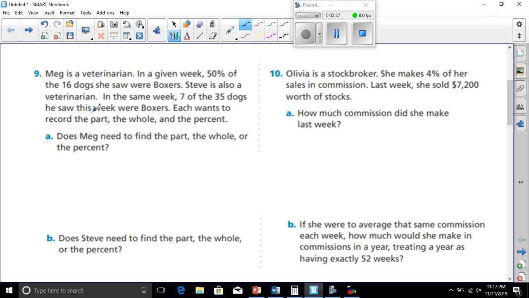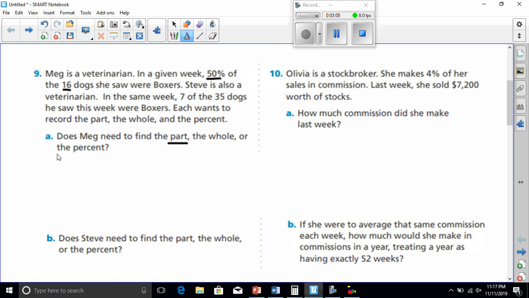Each wants to record the part, the whole, and the percent. Does Meg need to find the part, the whole, or the percent? Well, in Meg's case, she has the percent. So that's 50%. It says of 16 dogs, so 16 will be the total amount of dogs. So that's the whole. So since she has the percent and the whole, she needs to find the part.